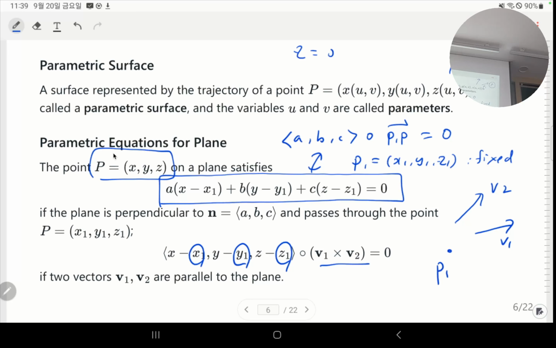You can switch the order of the cross product here. Sorry, did I say inner product? It's a cross product. Then you can use the same vector ABC to get the equation of the two-dimensional plane in three-dimensional space.